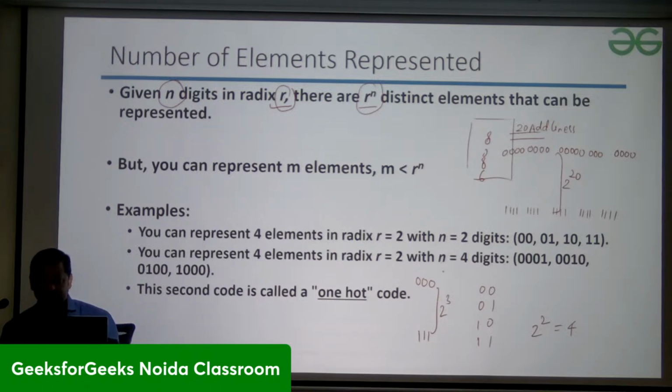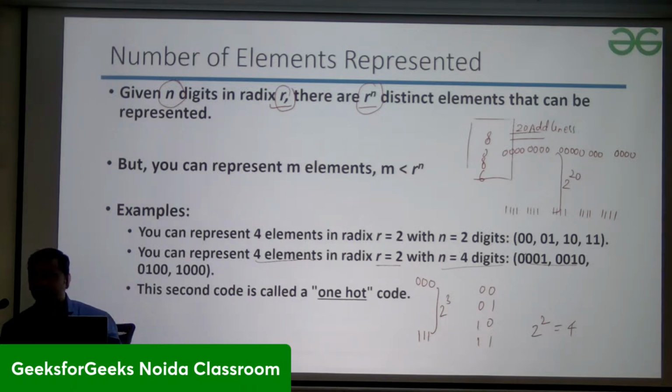Here you can see that for 4 elements in radix 2, we can have the values 0001, 0010, and so on. तो ये सारी हमारी जो values है, they are represented in radix 2 but in 4 digits.